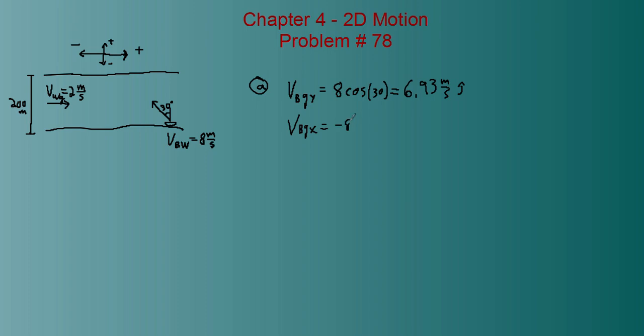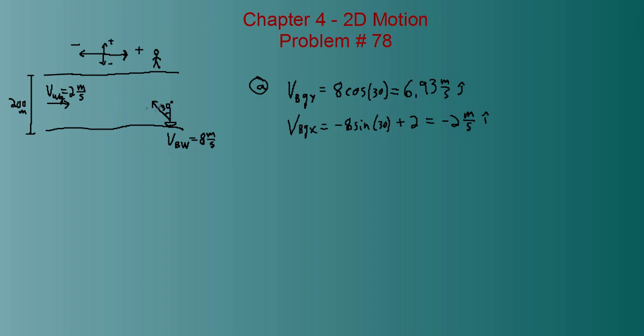So this is going to be negative 8 sine 30, because the boat's speed is to the left, plus the river speed 2, right? Because the boat is fighting the river, so someone standing on the shore will see the boat trying to go up with this part, negative 8 sine 30, the river pushing against it, 2, slowing it down by 2, and so this equals negative 2 meters per second i.